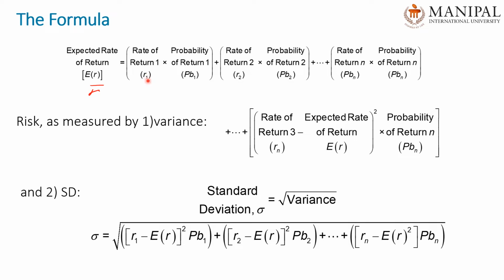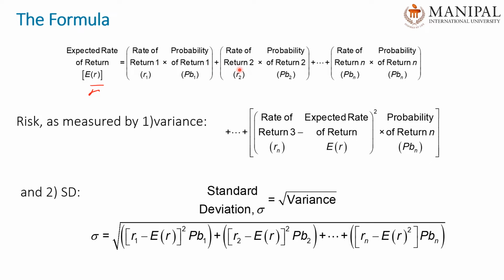for that asset given this situation, multiplied by the probability of this situation happening, right? The probability of this return to happen is by how many percent? And you add up with the second possibility of return.